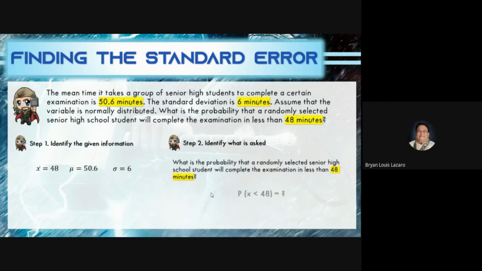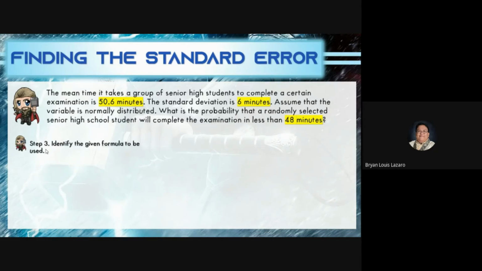Okay po? So, ang tanong sa atin is, what is the probability that the mean is less than 48? Okay, yan yung tanong sa atin. Okay, in symbols. Now, syempre, identify mo muna. Dalawa yung formula, right? Isang individual data, isang para sa pangmaramihang N. Okay? Ngayon, sinabi naman dito, what is the probability that a randomly selected?